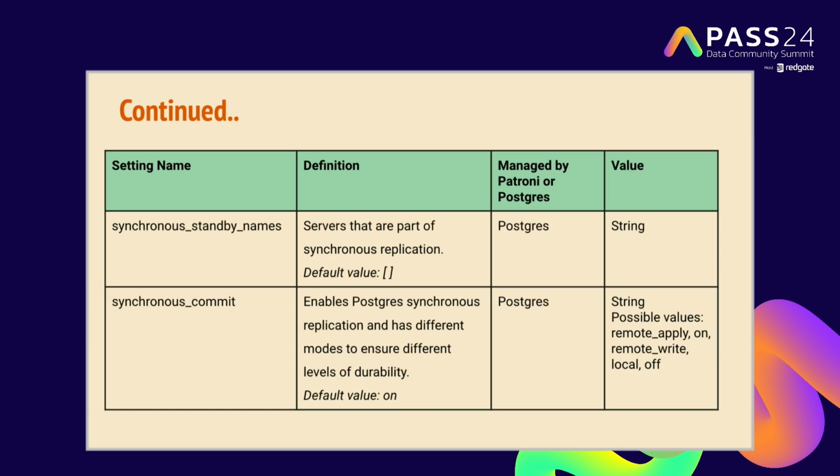Synchronous standby names tells us what servers are part of synchronous replication. If you're using Patroni, then synchronous node count will manage and update this configuration. Synchronous commit enables Postgres synchronous replication and has different modes to ensure different levels of durability: remote apply, on, local, remote write, and off. We'll see this in a while.